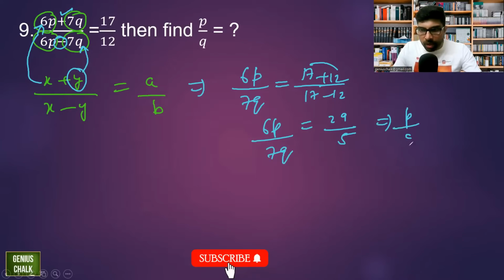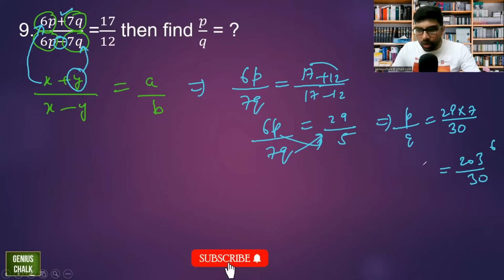That means P by Q has to be, this is multiplied here, so 29 into 7, and this is multiplied here, that is 30. So you can multiply it because they are not cancelling. 9 7s are 63. 14. So it is 203 by 20.